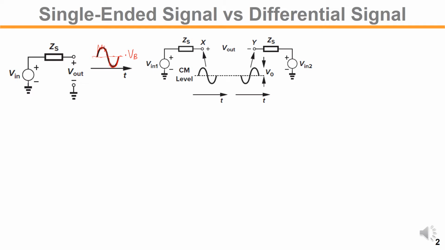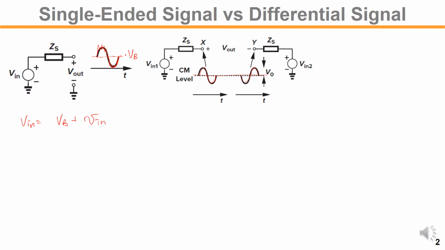But for the differential signaling shown on the right-hand side, it shares the common mode level and then the signal is applied in antiphase. In the single-ended case, our signal is represented like Vin equal to VB plus a small signal variation.